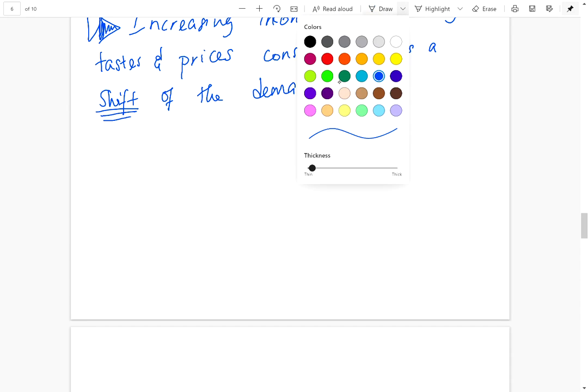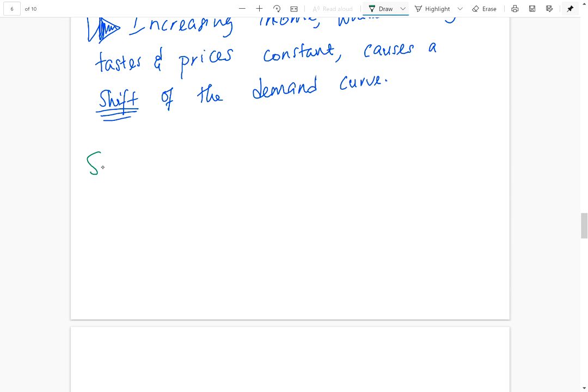So let us suppose that we're still working with the utility function from the previous videos, where utility is equal to qx to the power of 0.5, qy to the power of 0.5, which is the same thing as the square root of qx, qy.